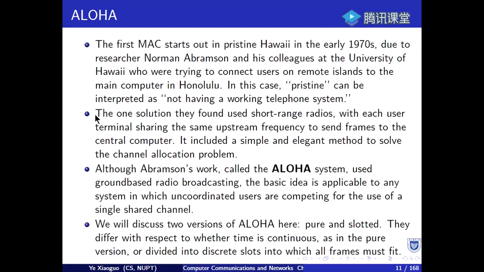The solution they found used short-range radios, with each user terminal sharing the same upstream frequency to send frames to the central computer. It included a simple and elegant method to solve the channel allocation problem.